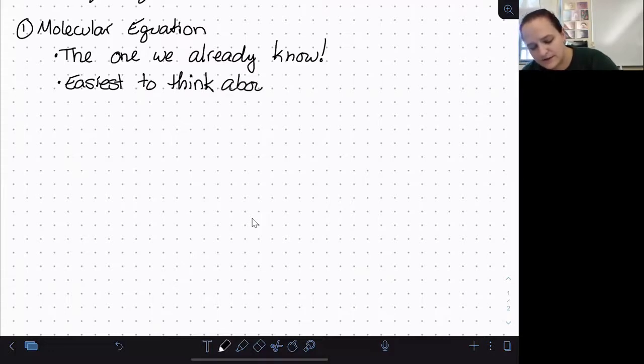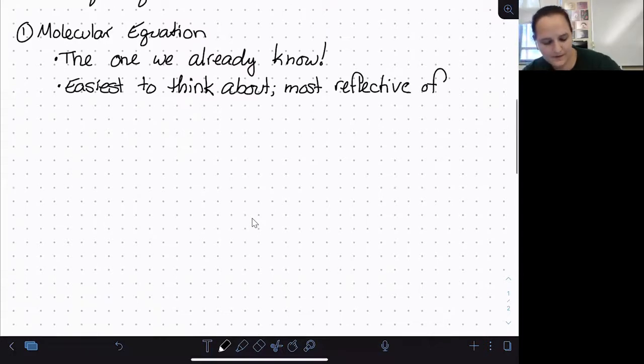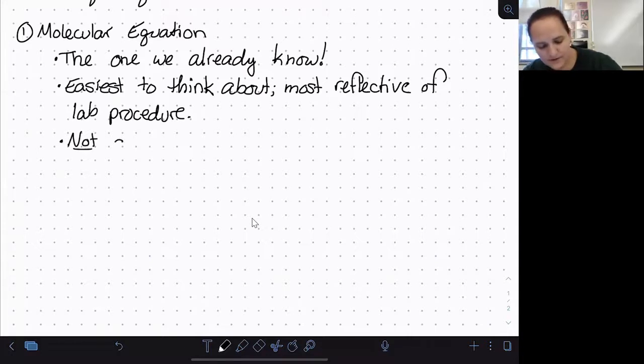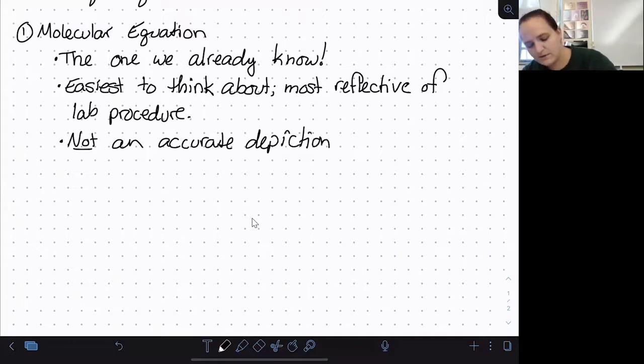Usually this is the easiest to think about, and it's the most reflective of lab procedure, but it's not an accurate depiction of what's going on microscopically.